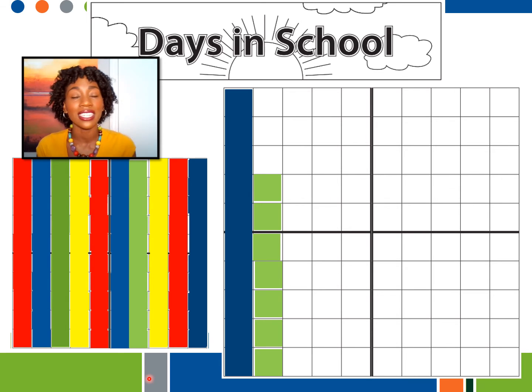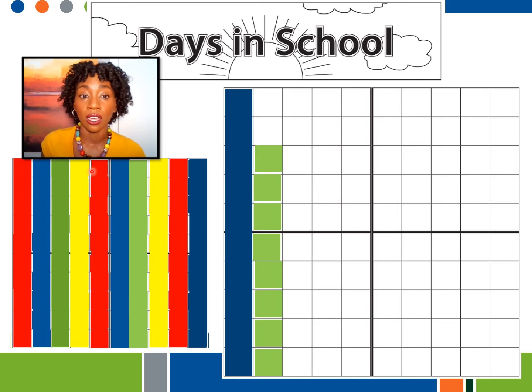Now, how many days have we been learning and growing together? Oh my goodness, on yesterday we made it to 117 days. Today is a brand new day, so let's add another square and we see 118 days. Okay, let's go ahead and look at how we write this three-digit number and how we spell it.